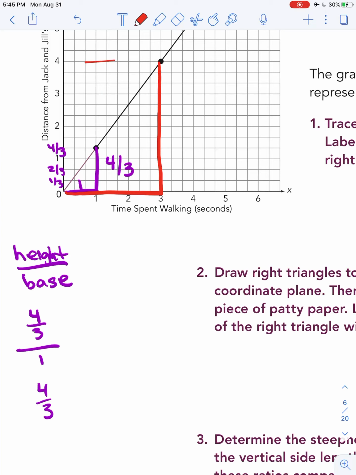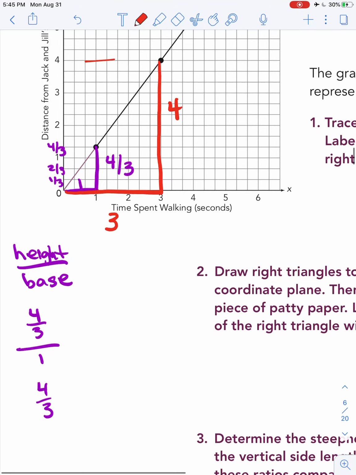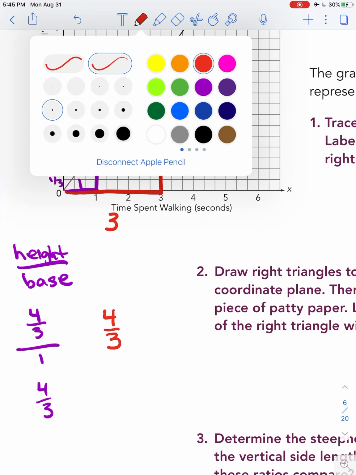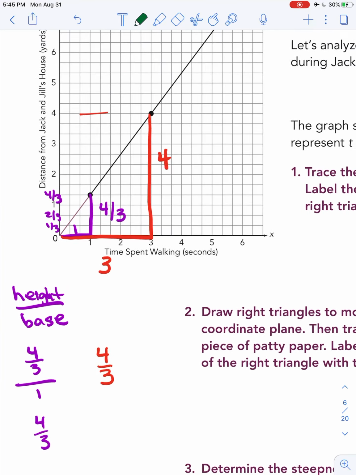See, it's across from 4. So that's 4 tall, and down on the bottom, it goes over to 3. So the second triangle is 4/3. So as you see, we're consistent on what we're doing. The rate of change is constant. It does not change.